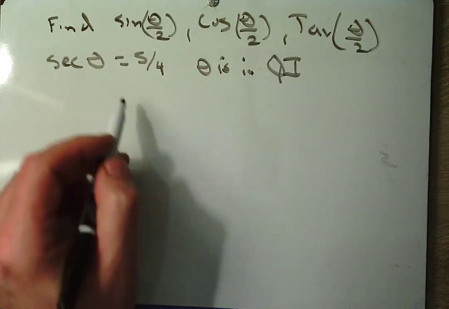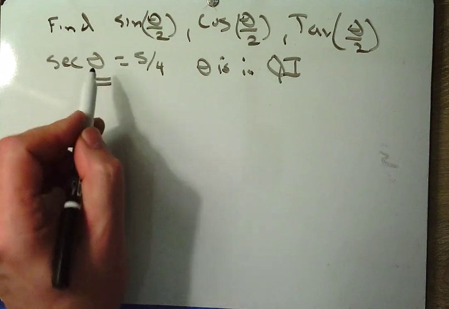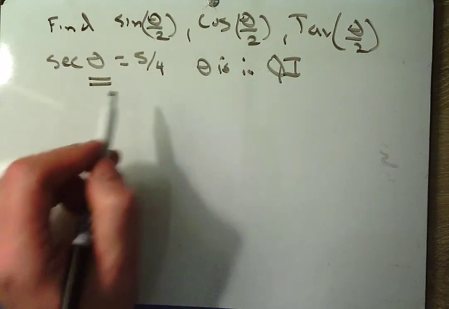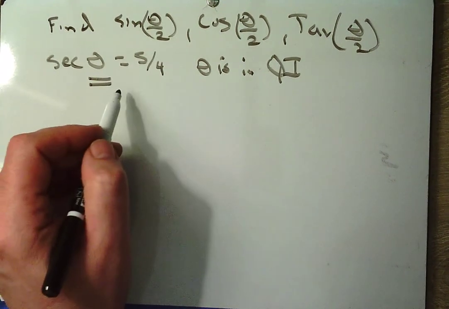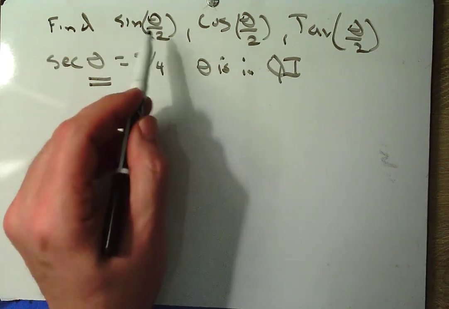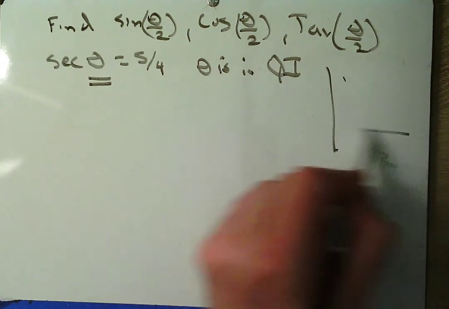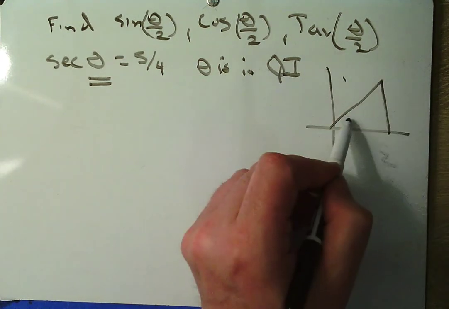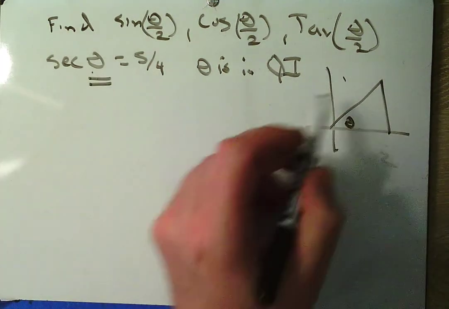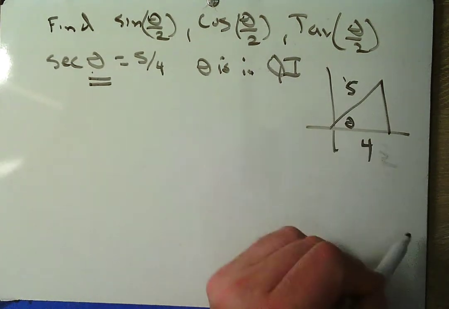Well, note this angle is twice as big as that one. So I'm going to be using this information to help me evaluate that half-angle formula. But first, let's draw a triangle in quadrant 1 whose secant is 5/4.